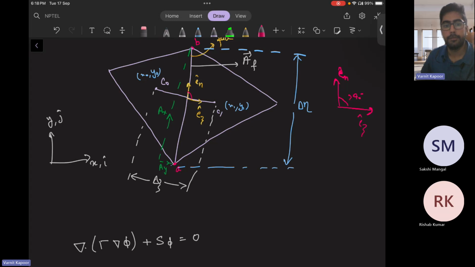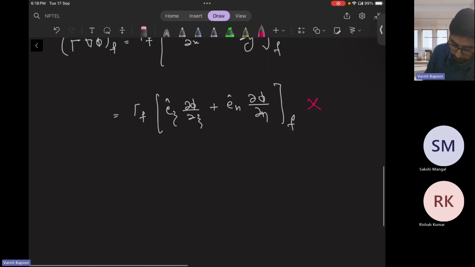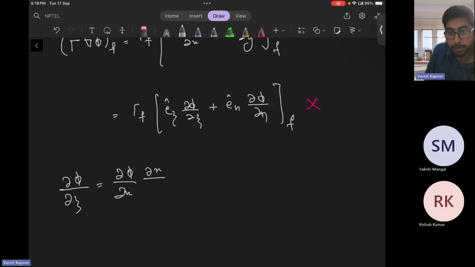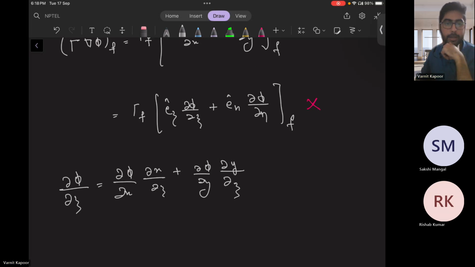In order to do that, we will recall that I want to calculate dou phi by dou zeta, where phi is a function of both x and y. So how can I write dou phi by dou zeta? I will write it as dou phi by dou x times dou x by dou zeta plus dou phi by dou y times dou y by dou zeta. Can I write like this? Yes.